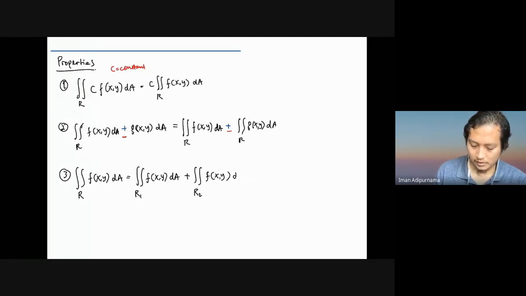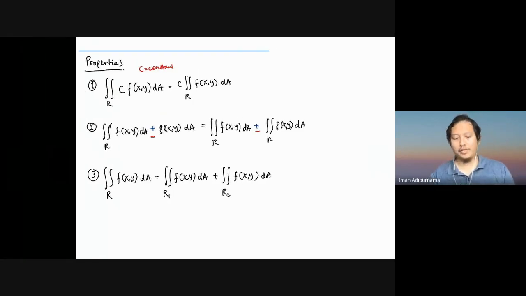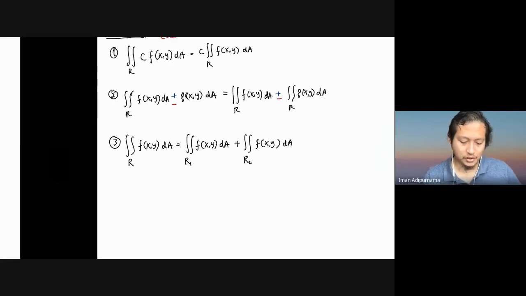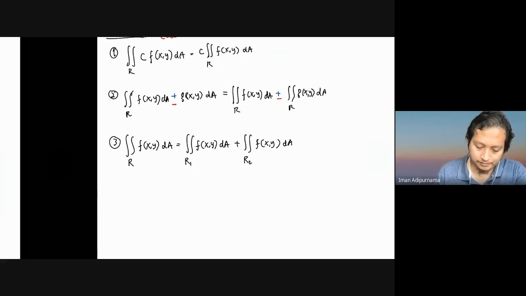So the next thing, aside from separating, if there are two functions, you can separate the two functions. You can also separate the R, so you can separate the rectangle. It's still the same function, but the endpoints you can separate into two sets of points, in which R is R1 plus R2.